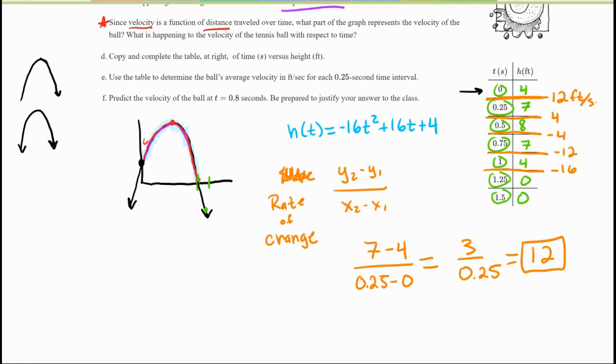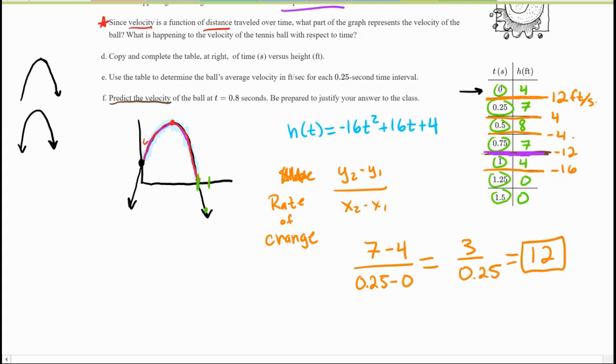The last thing it's asking us to do here is to predict the velocity of the ball at 0.8 seconds. So 0.8 seconds is in between these two spots right here. Let me do this in purple so it highlights a little better. In between these two pieces, I know that the velocity over that whole time is going to be negative 12, but when we're at 0.75 seconds, it's not going that fast yet.